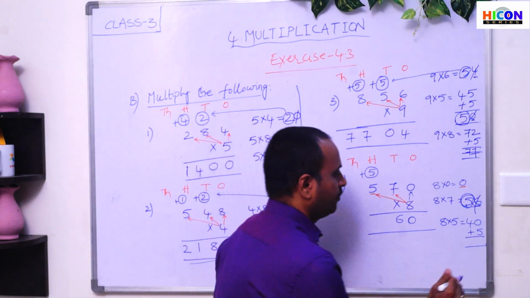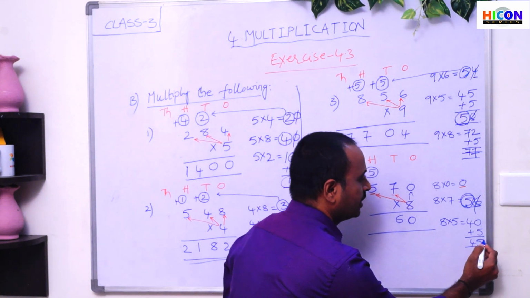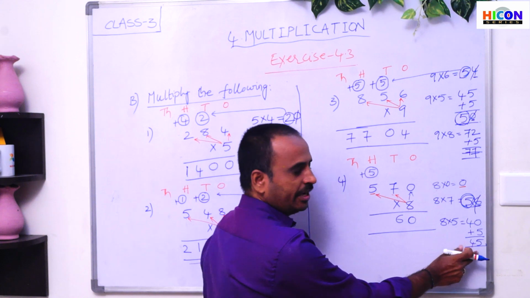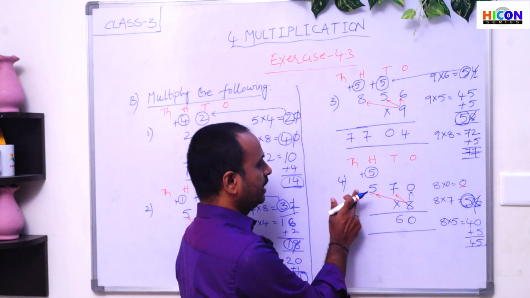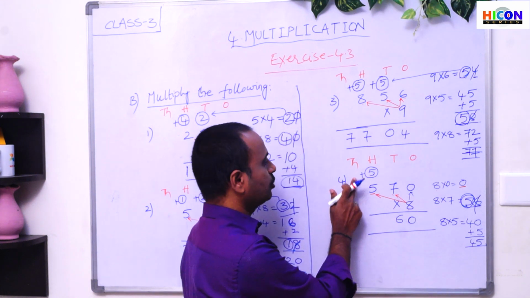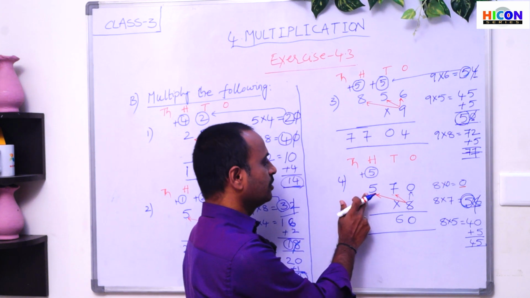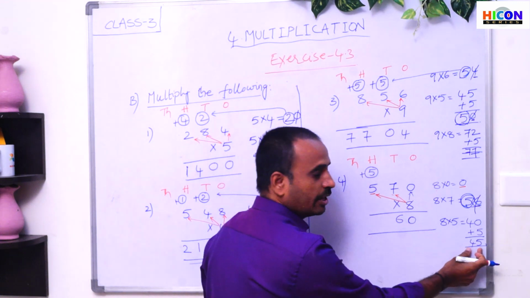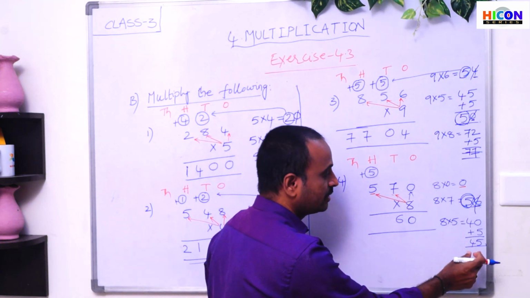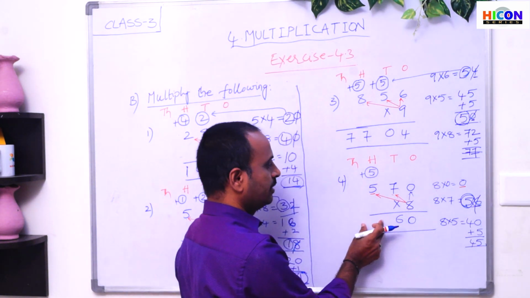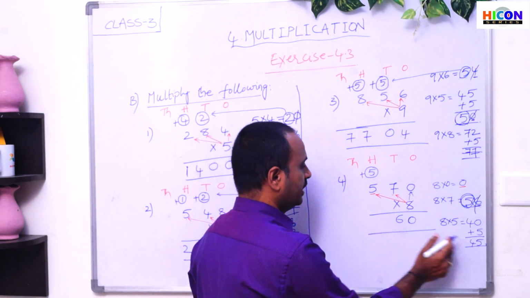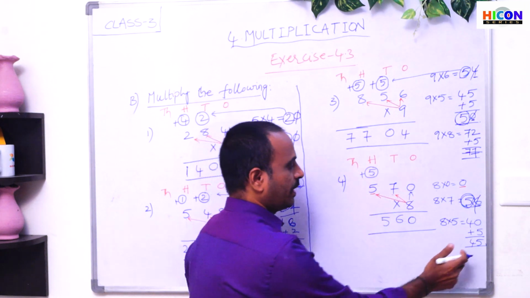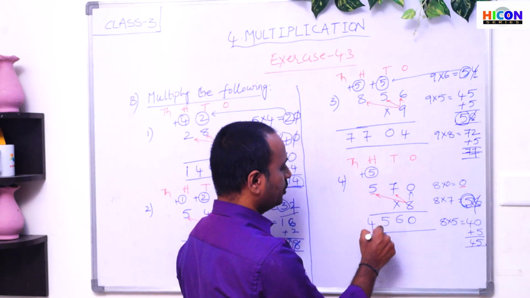So write 45. Children, here 45 is a 2-digit number and there is no need to carry because there is no digit present in thousands place. If there is no digit after hundreds place, write the whole number 45. That is, write 5 under hundreds place and write 4 under thousands place.